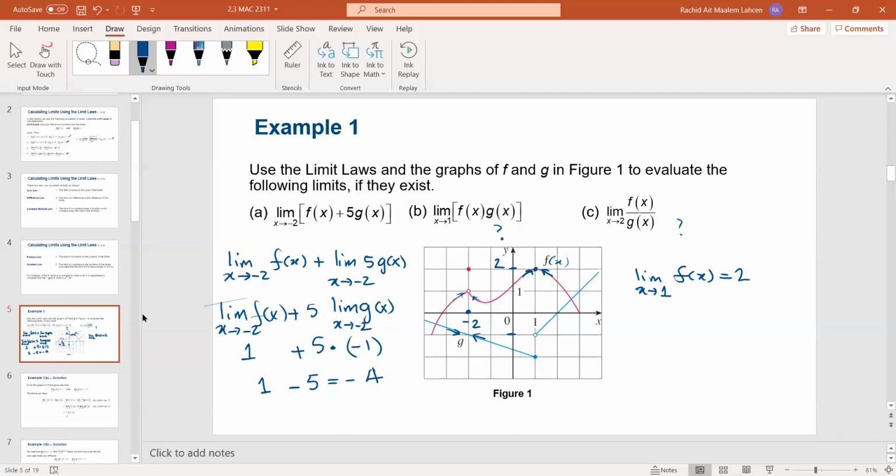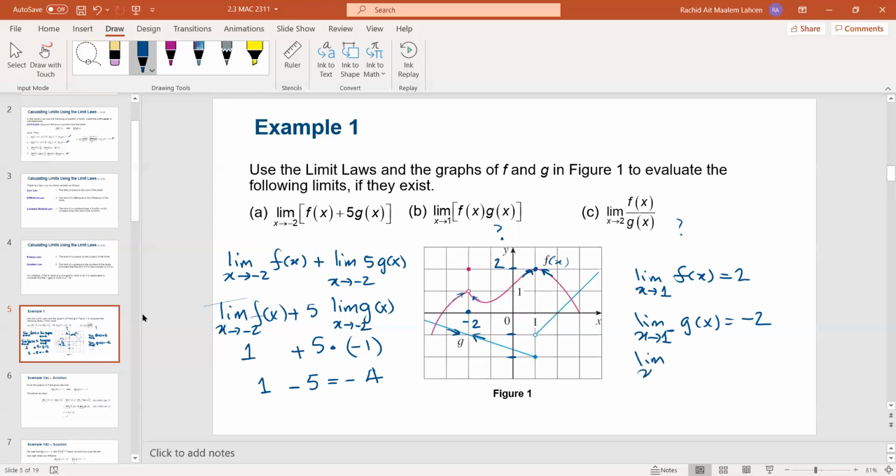However, there is a problem for g of x. The left-hand side limit from 1, let's say from the minus side this way, is going to be -2.